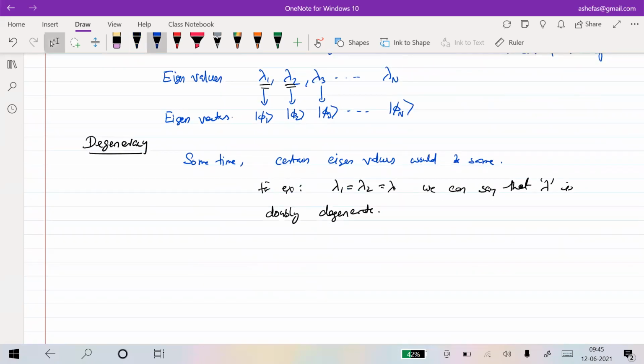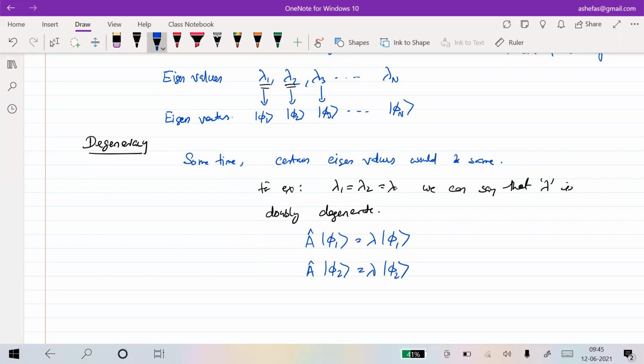Okay. So for both these eigenvalues, lambda 1 and lambda 2 are the same, but their eigenvectors may be different. That means operator A acting on phi 1 gives lambda phi 1, and operator A acting on phi 2 gives lambda phi 2.